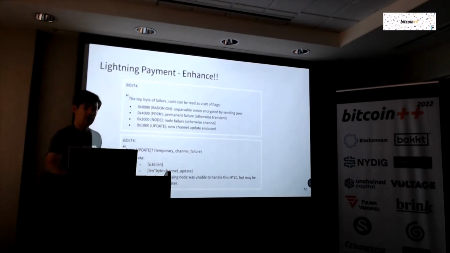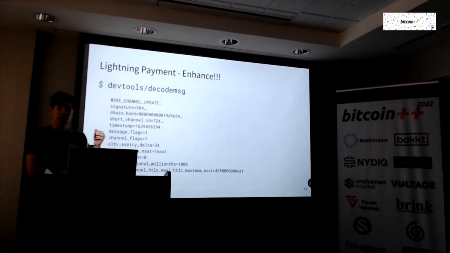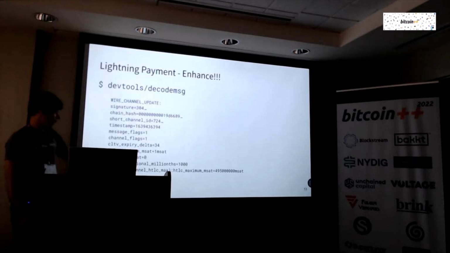And so this was like that intermediate node. It doesn't know who we are because everything's onion routed. It doesn't know where we were trying to get, but it's saying whatever you're doing, I think you're barking up the wrong tree here, because you obviously have some outdated information, and I think you need to see this. So in this particular case, we can see we've got some information on what sort of fees this particular channel charges, what the CLTV delta is, how many blocks we need to add for that timeout.